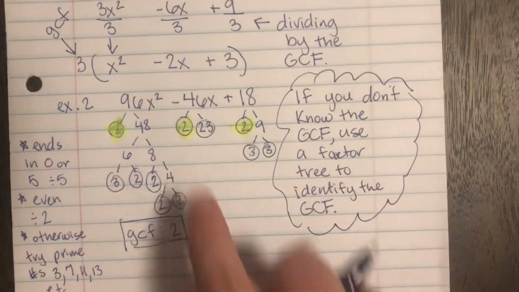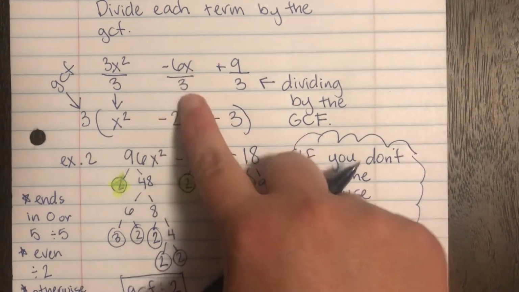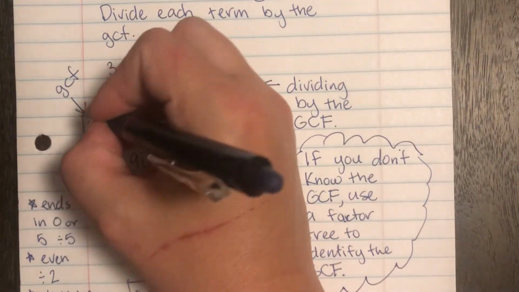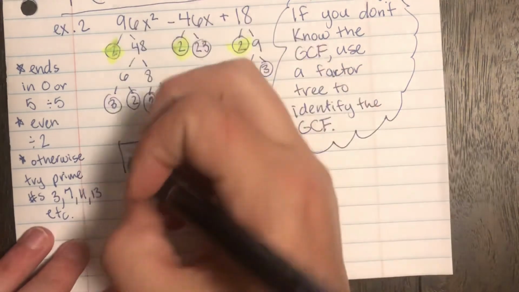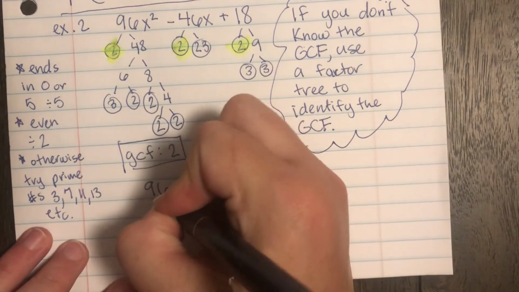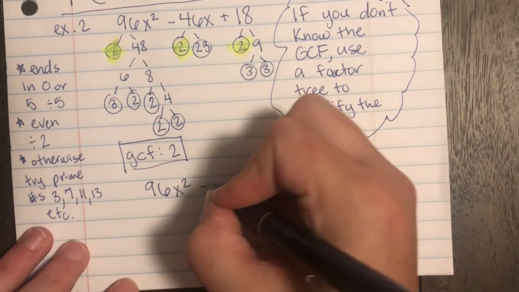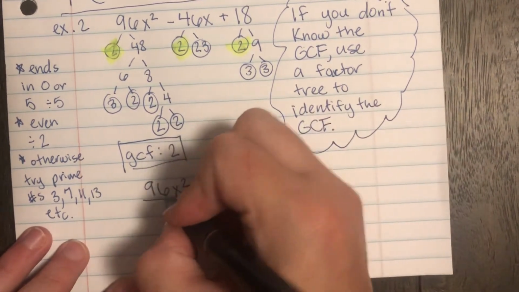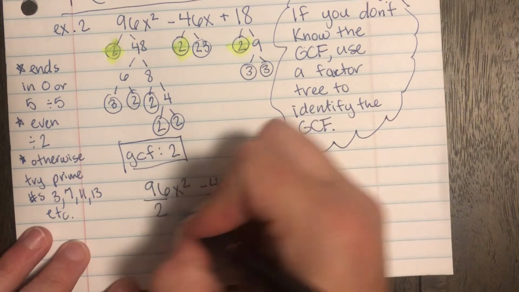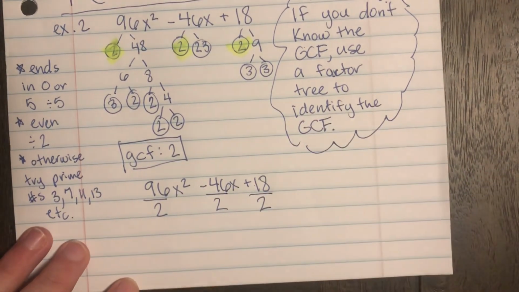All right, same thing. We're going to go back to what we did up here on this problem. I didn't realize that I didn't put a box around it, but put a box around your answer so you can find it a little easier. So we're going to take our problem and divide it again by 2. 96x squared minus 46x plus 18. Divide each term by 2.